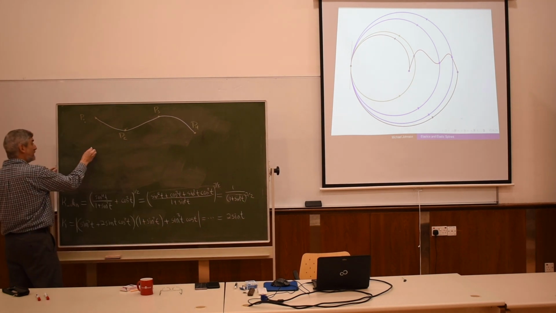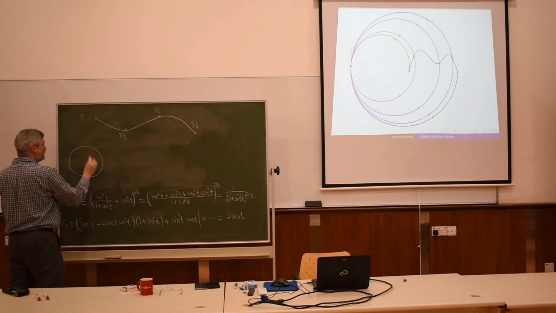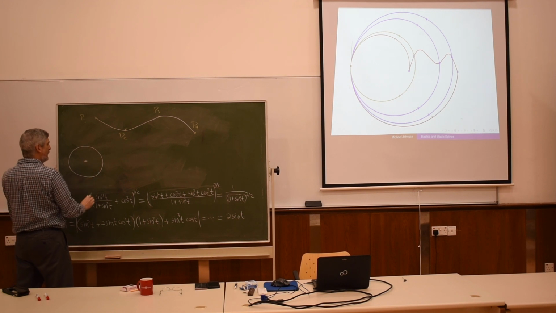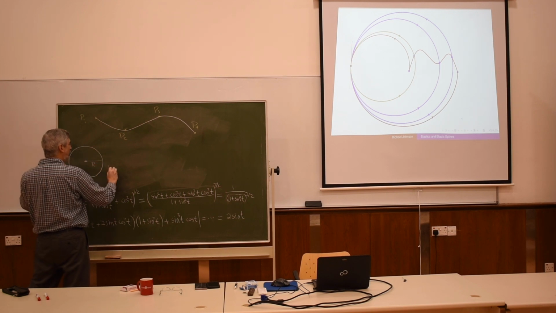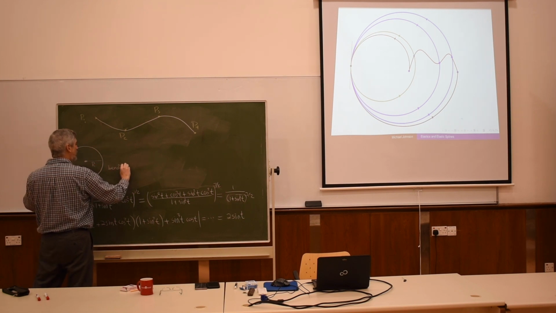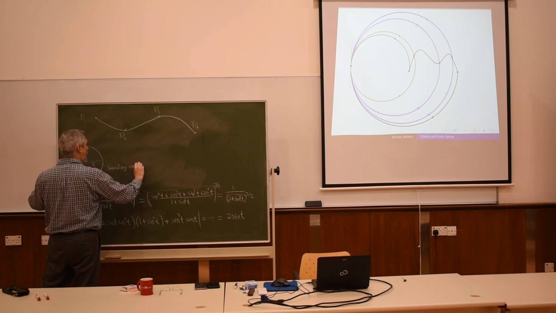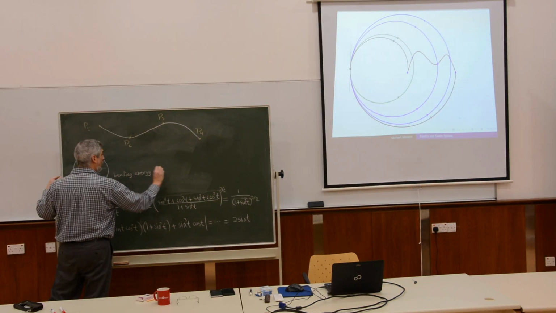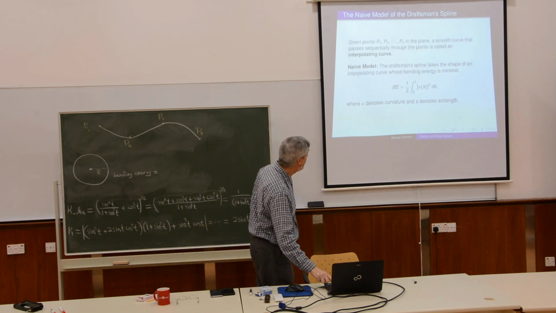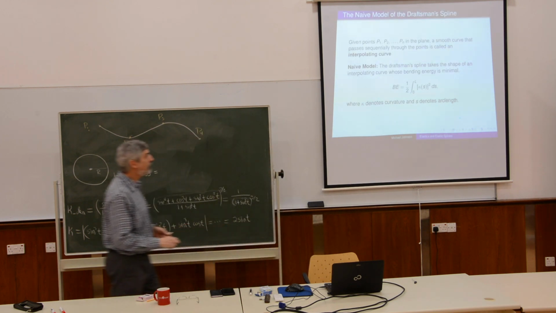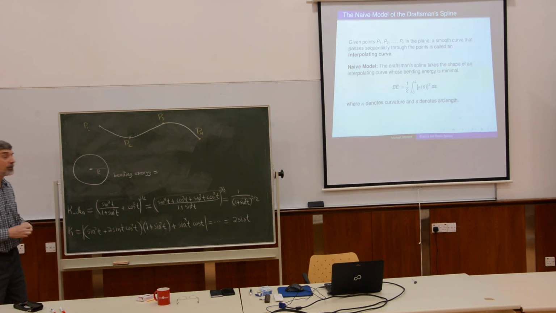I have a circle. And the radius here is, let's say, r. What's the bending energy of this circle? Okay, so let's find our formula for the bending energy. There it is. Okay, so what's the curvature of a circle?